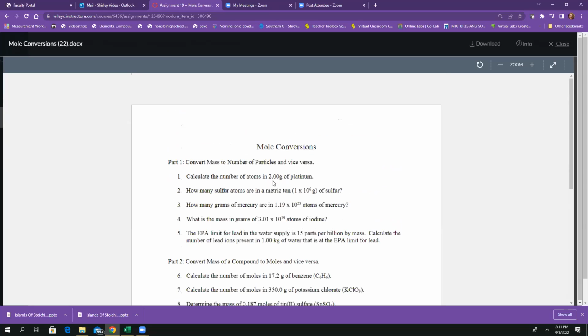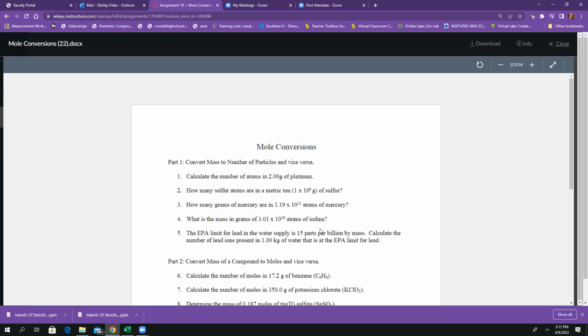Like right here, for example, we're going from grams and they want to know the number of particles. Okay, so you use Avogadro's number, but you got to go to moles first. So grams, molar mass of platinum, and then Avogadro's number. Same here, in this case it's the opposite. You have particles, so you go to Avogadro's number, that gives you moles, and then molar mass of mercury in this case to get there, and so on and so forth.